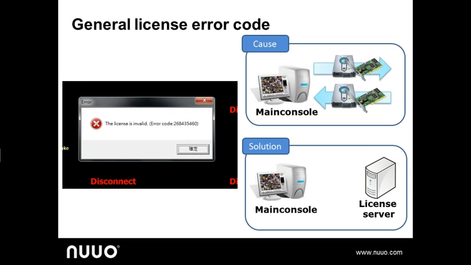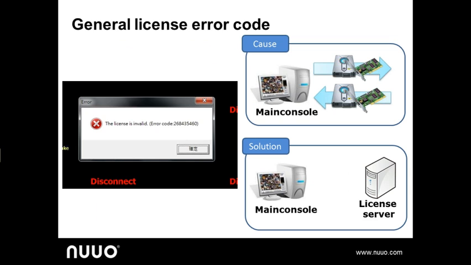The last license error code I want to introduce is 268435460. This issue also occurs on the main console only, because it is caused by the PC hardware ID being changed. If you change the PC's hardware, such as RAM, hard drive, or network adapter, after activating the serial number, this issue will occur when you open the main console.